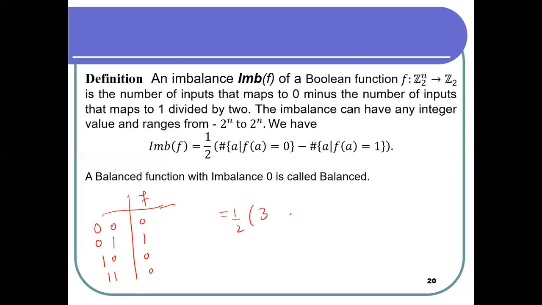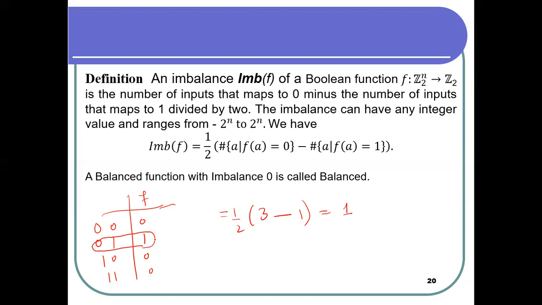Three minus the number of values in the domain for which the function gives 1. There is only one element from this domain which gives 1, so it will be 1. So the imbalance of this will be 1.